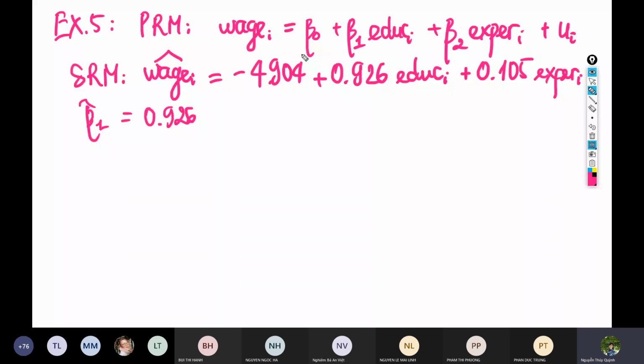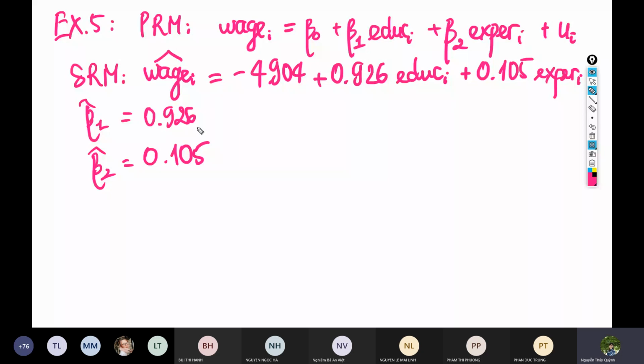We have beta 2 hat here equal to 0.105, which means that when experience increases by 1 unit and education is not changing, the average level of wage will increase by 0.105 units. That is the meaning of the estimated coefficients.